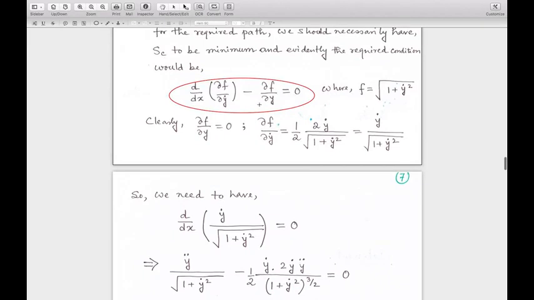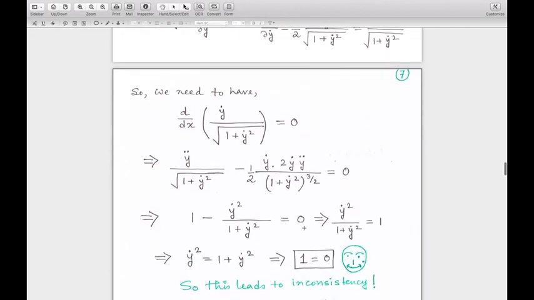So finally, this condition gives us that d/dx of y dot by root over 1 plus y dot square is equal to 0. If you do some lines of very simple algebra, you will see this is nothing but y double dot by root over 1 plus y dot square, minus half times 2y dot y double dot by (1 plus y dot square) to the power 3/2.